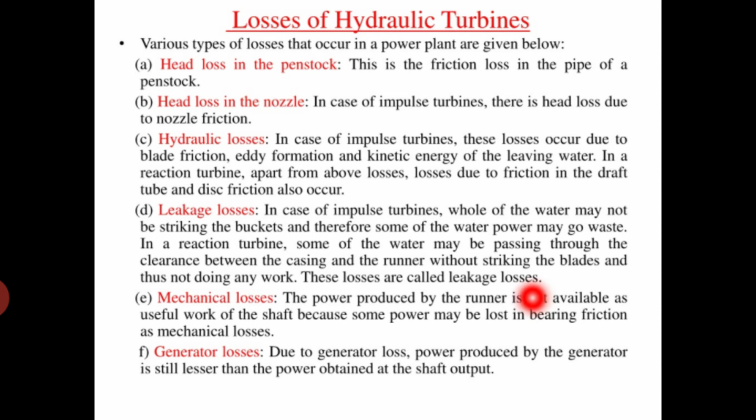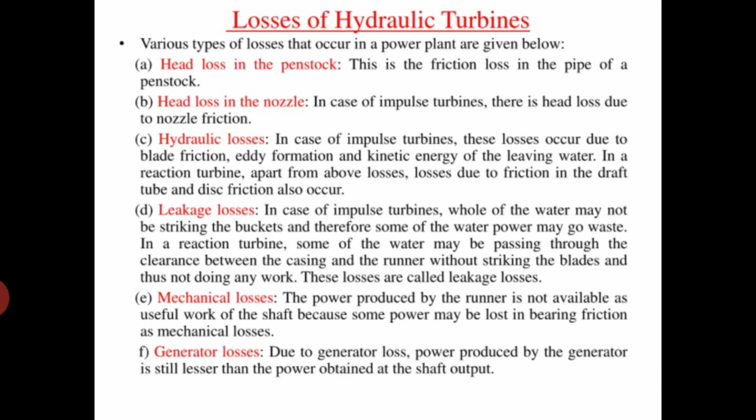Whatever power we get at the runner may not be transferred 100% to the shaft, because of bearing friction. And the next are the generator losses. Due to the generator loss, the power produced by the generator is still lesser than the power obtained at the shaft output. So these are the various losses occurring at various stages.